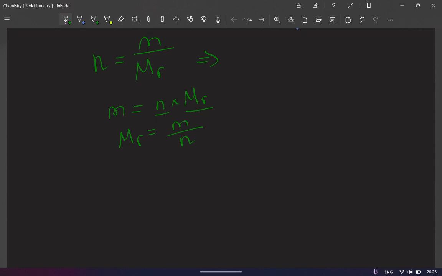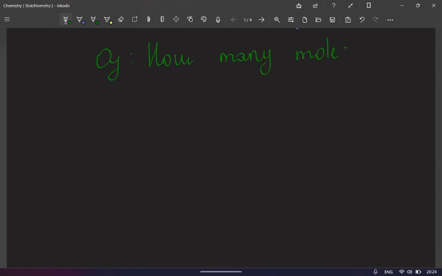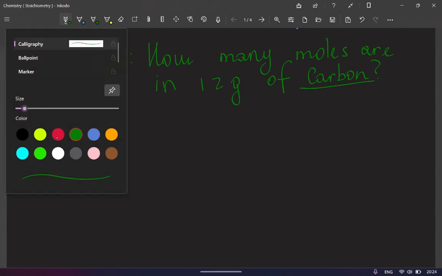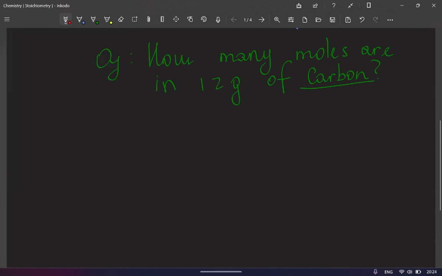Let's consider the following example. Let's say that we have a simple question that says how many moles are in 12 grams of carbon, of just carbon as an element. So how do we answer this question?